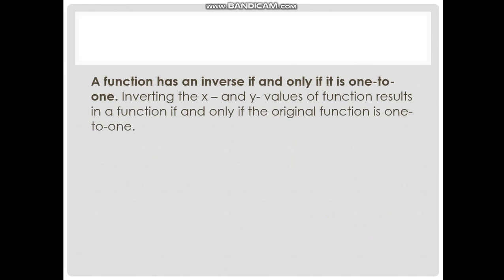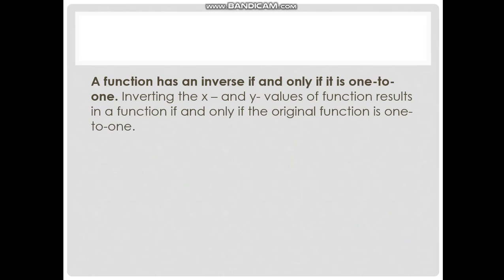And magiging 1 to 1 din ang given equation pag walang absolute value. So those are mga possible equation na 1 to 1. Dapat ang degree is odd and dapat hindi naka-absolute value.